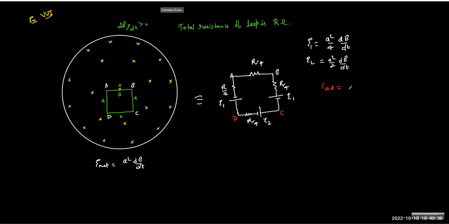Tell me. E by R. So it is E net by R, right? Yes. Okay, fine. So now current will flow in which direction? Anti-clockwise, correct? Yes.